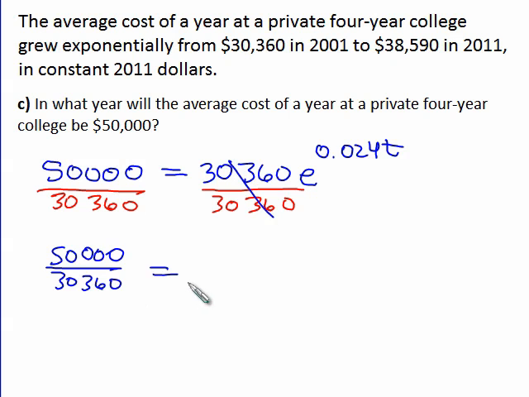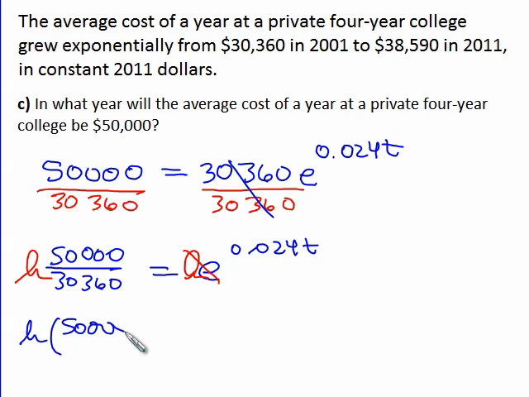So it'll cancel on this side, and I have e to the 0.024t. Next, to get the t by itself, I'm going to have to take the natural log of both sides. This will cancel my exponential, leaving me with the natural log of 50,000 over 30,360 equals 0.024t.